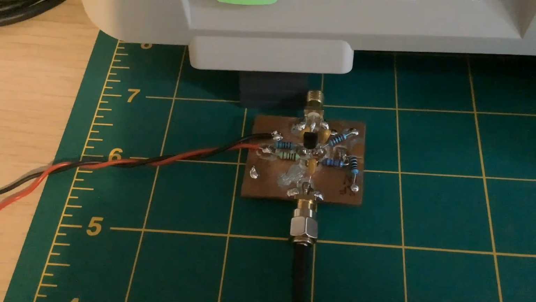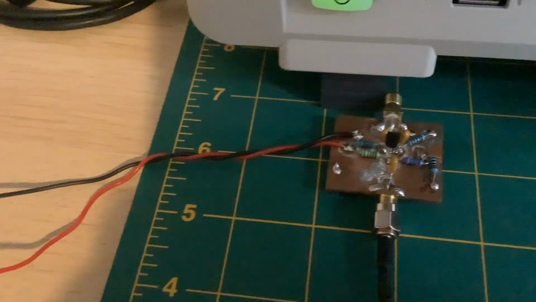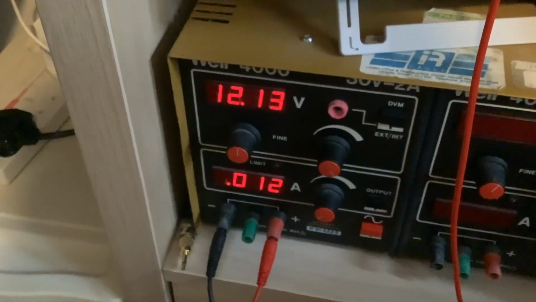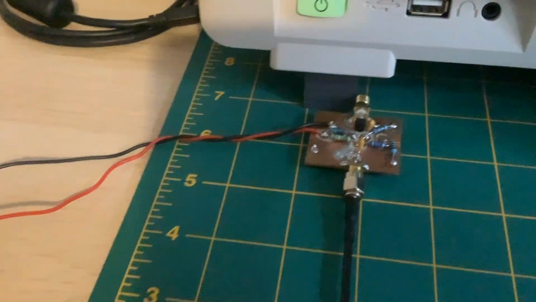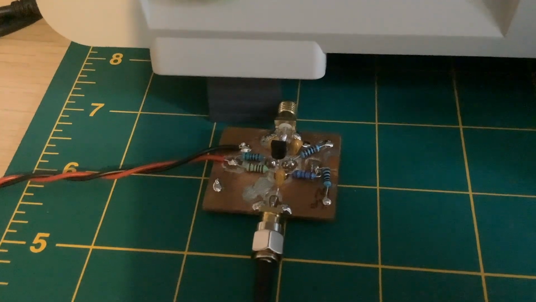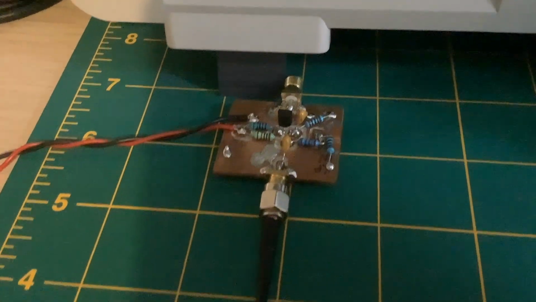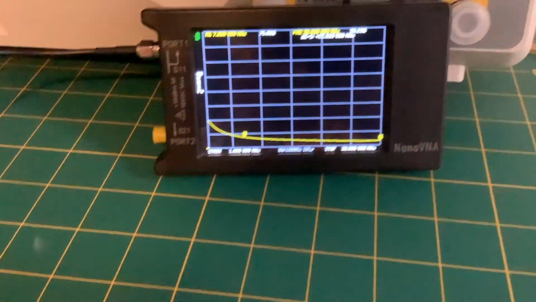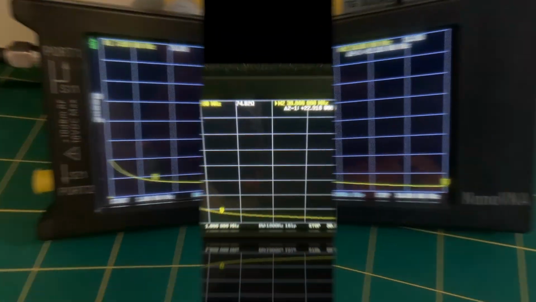So I have my little amplifier set up here. It's powered up, and actually, if I just pop round here, you'll see it's drawing about 12 milliamps. It's open circuit on the output, okay? And the input is going round to my NanoVNA.